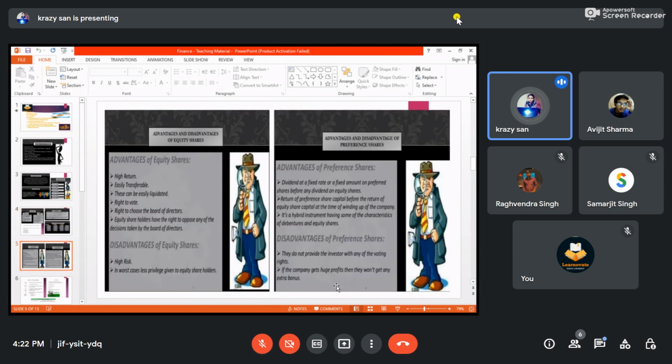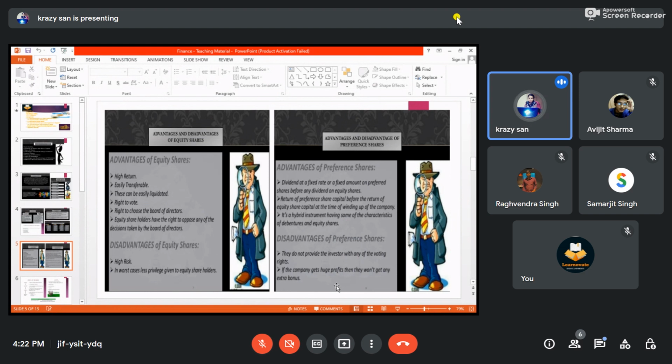Now, the advantages and disadvantages of equity shares. For equity shareholders, the advantages are high return, easy transfer, and easy liquidation.